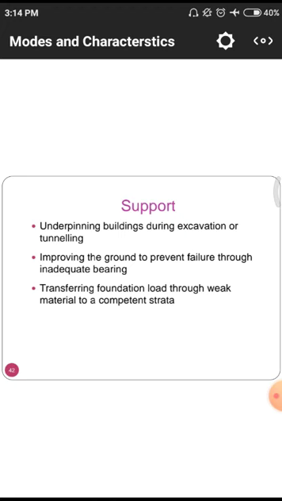At last they have to transfer those forces from the foundation to the ground level, so the foundation load is transferred through weak materials to competent strata. That means if the soil is very weak, the soil also has to be modified with the help of geosynthetics and some chemical contents.